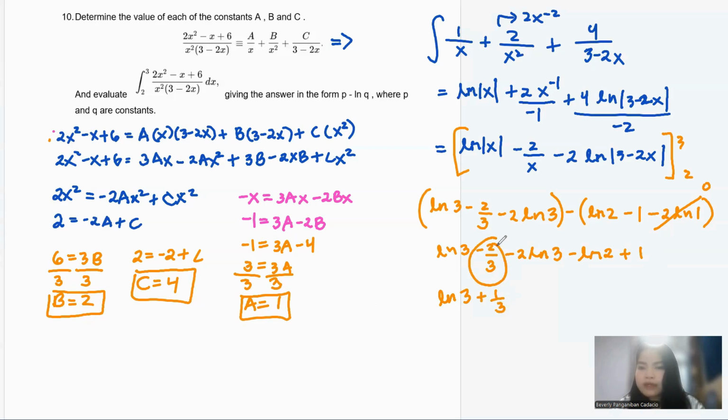Okay, combining this one first, before you can do something here. Minus 2 ln 3 minus ln 2. Okay, wait a minute. I know you can just do a shortcut and combine right away. Go ahead. It's okay. It's not a problem.